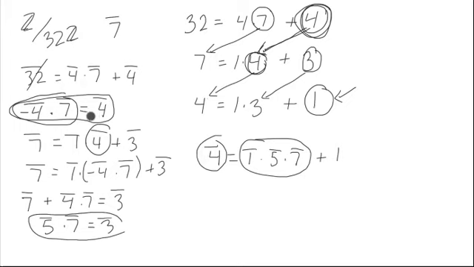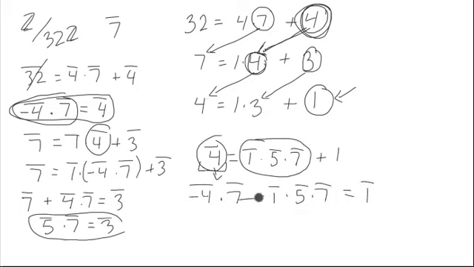So 4 bar is negative 4 bar times 7 bar. And so what we did is we replaced 4 bar with this, using this right here. And then we can subtract this over. Set that equal to 1 bar on that side.